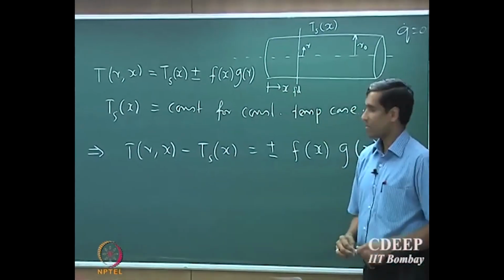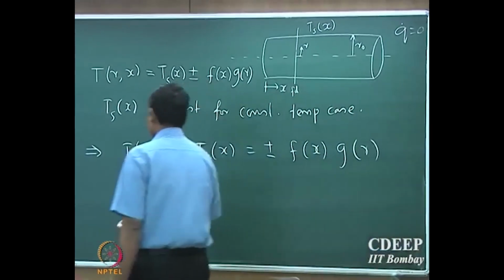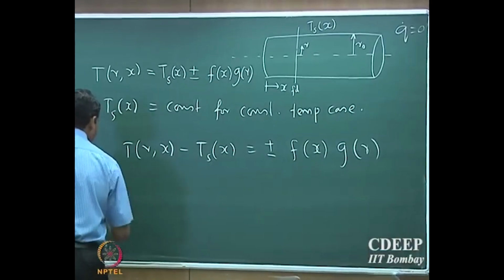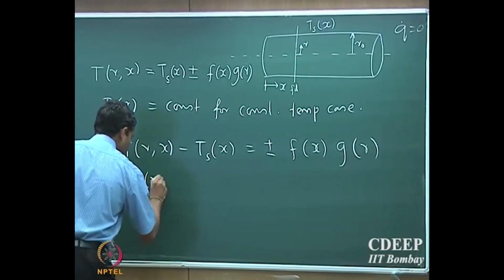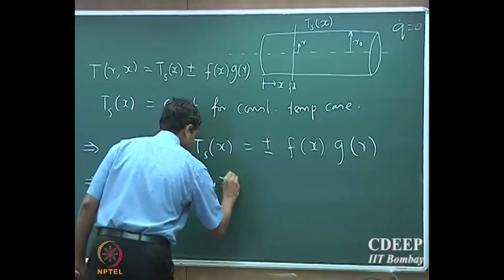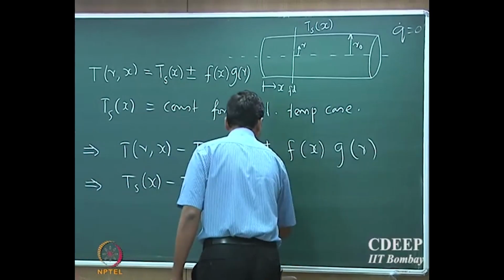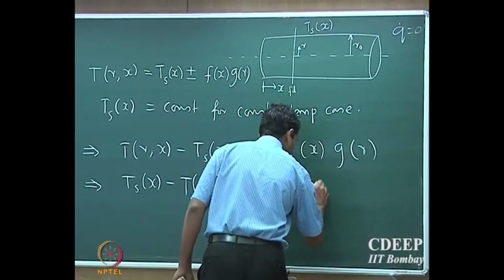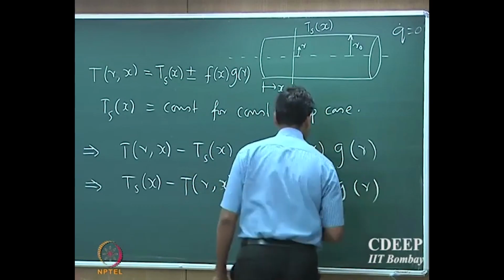Okay. So now I just want to rewrite it as Ts minus T equal to minus plus f of x into g of r.